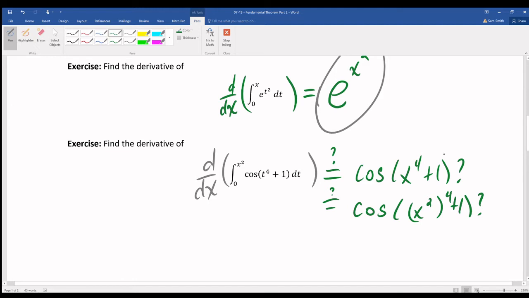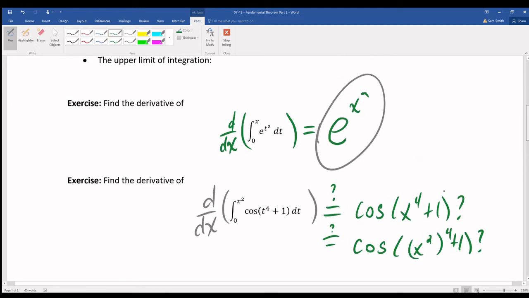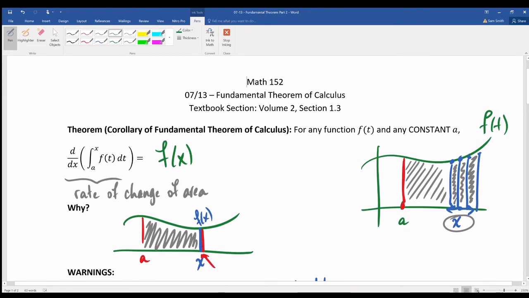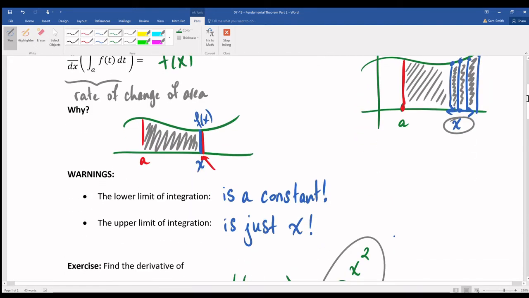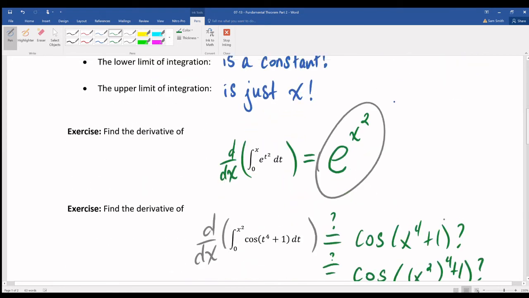But a more fundamental problem is that this replacement process was based on the fundamental theorem of calculus. And this fundamental theorem of calculus was only valid in the case that the lower limit was a constant and the upper limit was just x.